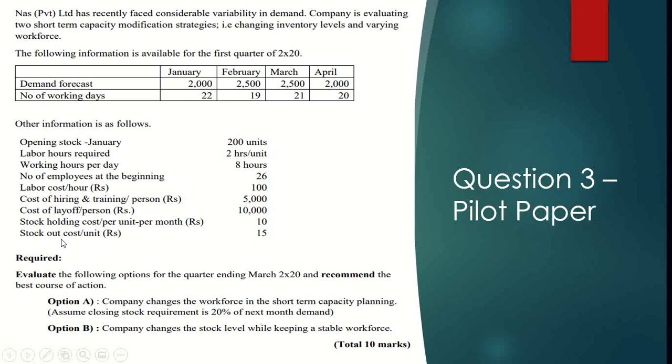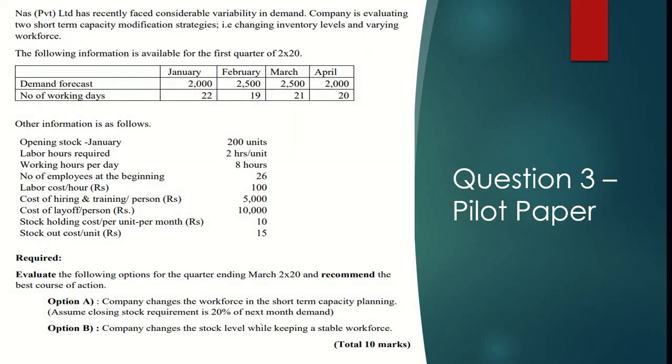Stock out cost. If there are any stock shortages, we will incur some cost. It can be a subcontracting cost, or damage to our goodwill, or losing a customer. Those kinds of stock shortage costs can be there. So if we can't meet our demand, there will be some extra cost.